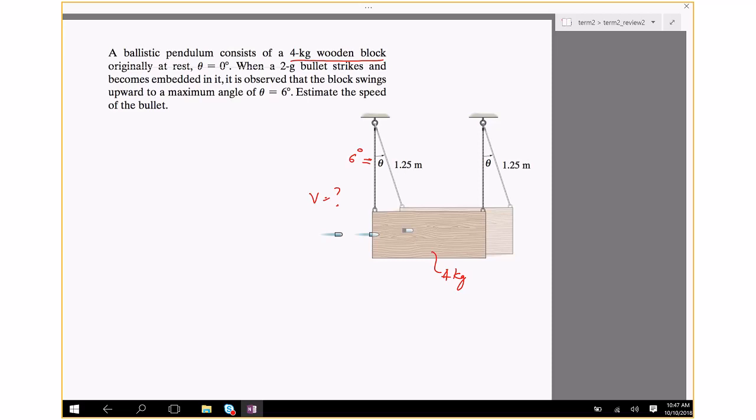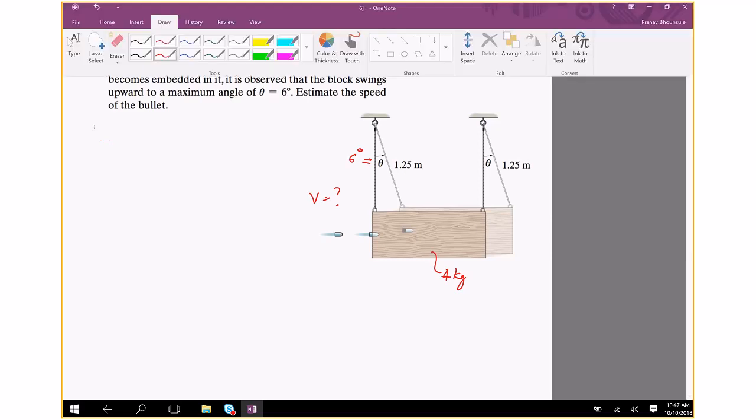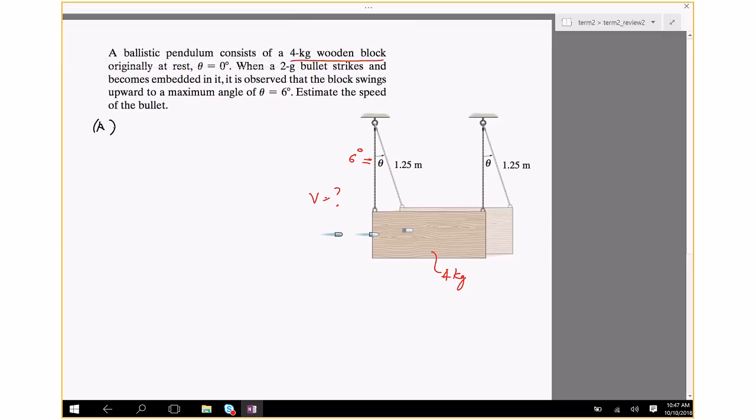So it is basically two ideas. First, A, is the bullet getting embedded.